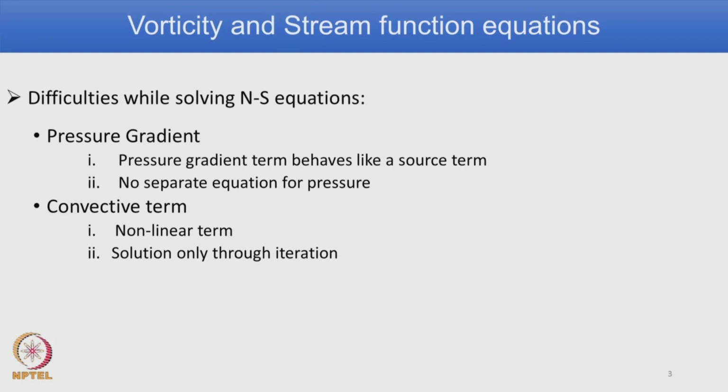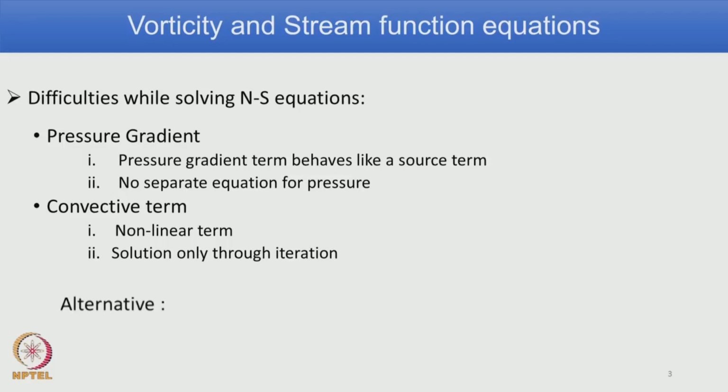The other major difficulty is the convective term. We noticed that in the convective term velocity multiplies its own derivative, which behaves like a nonlinear term, and the solution is obtained only through iteration. Now there is a question, is there a way to overcome this?